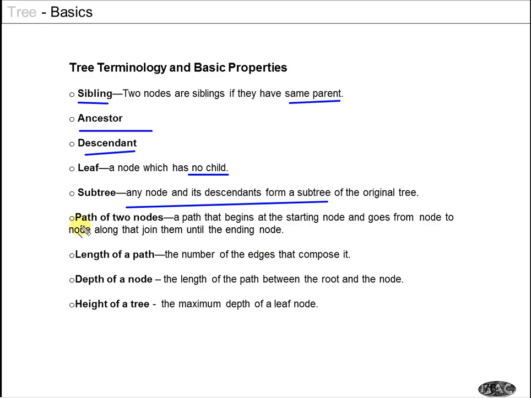What is a path of two nodes? A path that begins at the starting node and goes from node to node along the edges that join them until the ending node. So how will you do that? Let us assume you have a node. This is a binary tree.